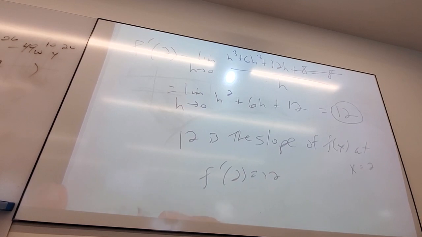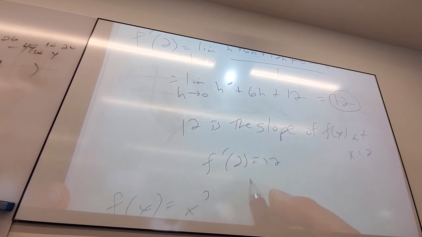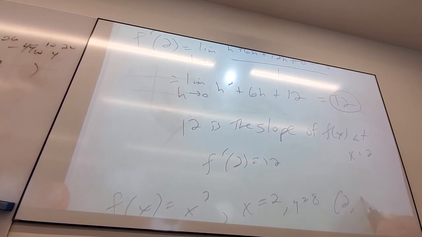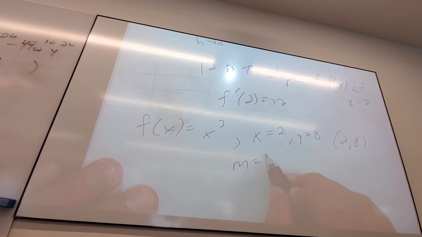How do I find the equation of the tangent line then? So I'm at the point (2, 8). Everybody agree? I'm at the point (2, 8), and we know the slope is 12.